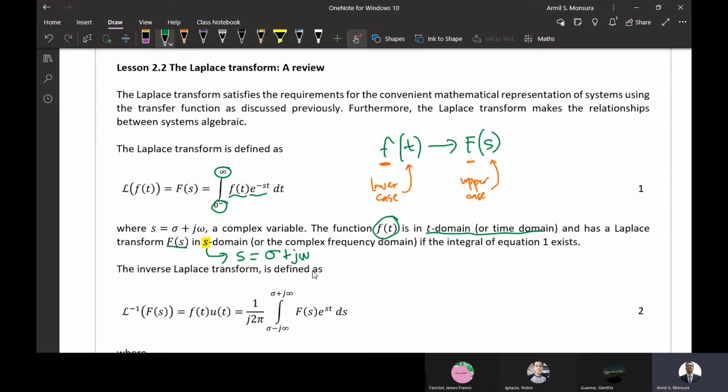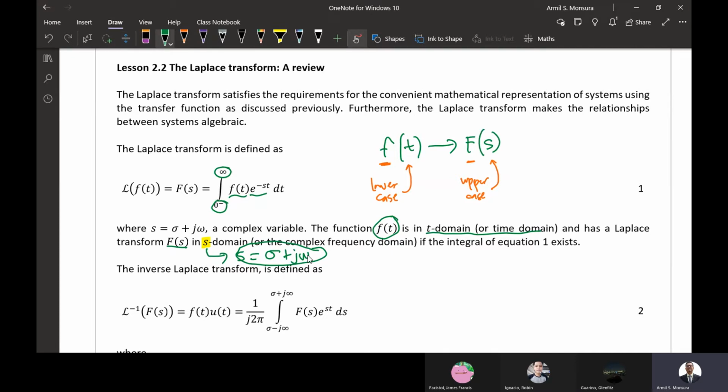That is not W, that is omega. This is how we should understand S, especially in the later part of our topics, where we need to specify that it is complex, since we will be evaluating transfer functions in the complex domain later on.